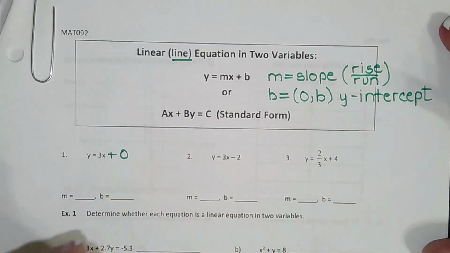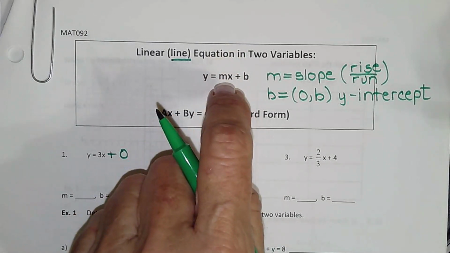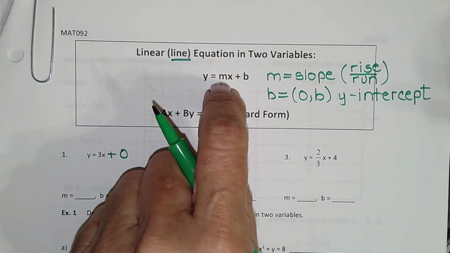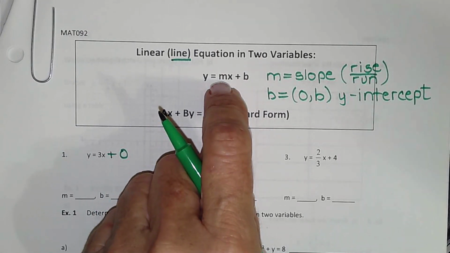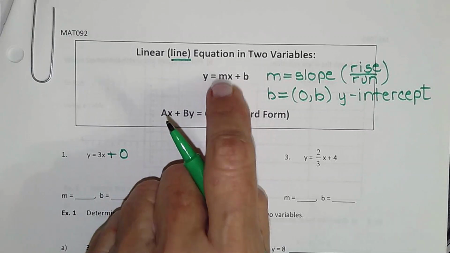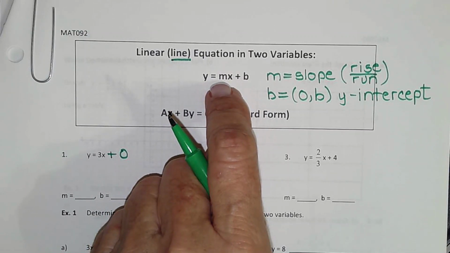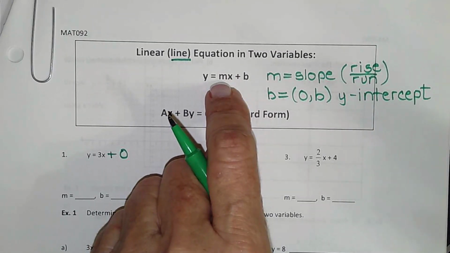And we talk about this way, way, way more in depth. Right now, they just want you to practice identifying them. So the number in front of x is called m, or the slope. And the reason it's m is because it was a French mathematician, Descartes, who came up with the concept of slope, and he was talking about montañas.